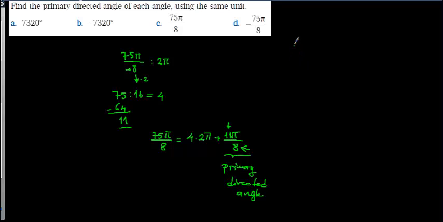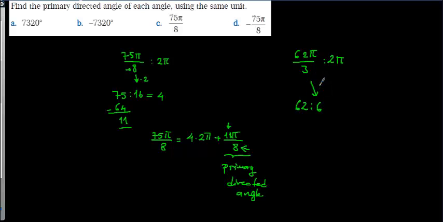If I explain with another example, 62 pi over 3, I'm going to divide 62 pi by 2 pi. When you divide by 2 pi, you divide 62 by 2 times 3, that's why it's going to be equal to 6.